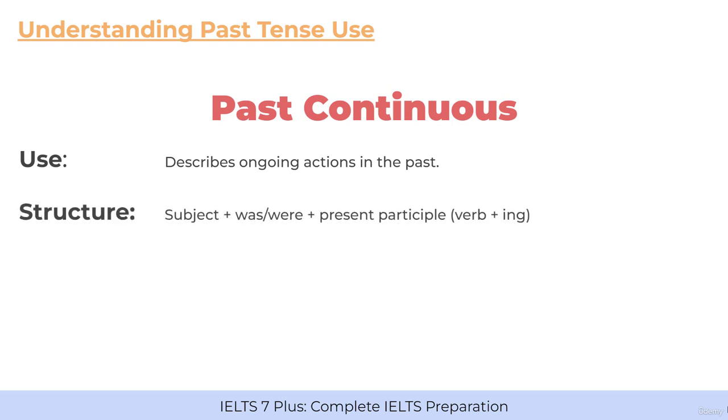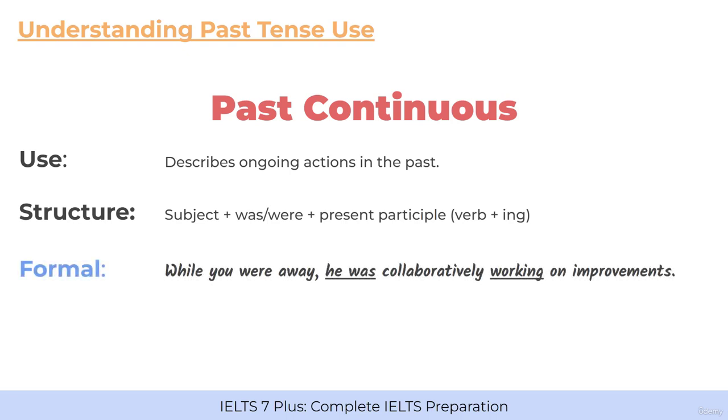Subject, was or were, plus present participle, that verb ing. While you were away, he was collaboratively working on improvements. He, subject, was singular subject, collaboratively, so adding a bit of detail with an adverb.